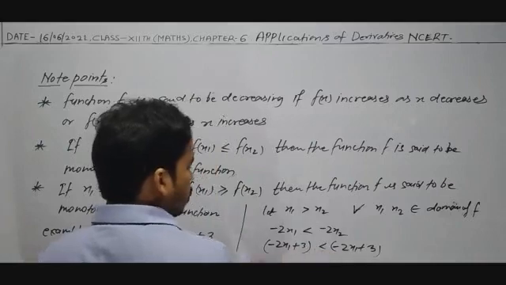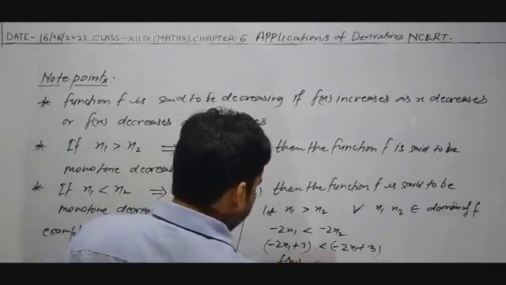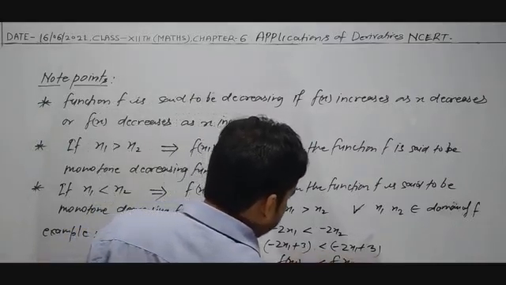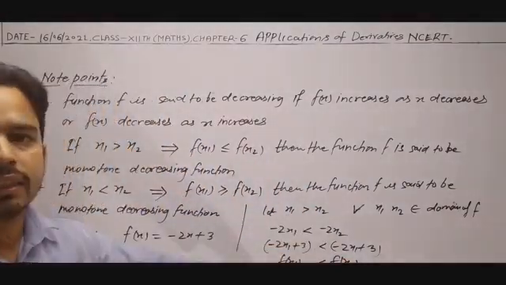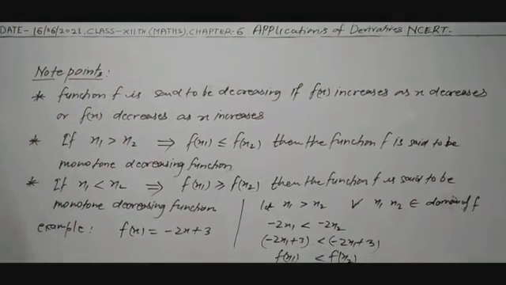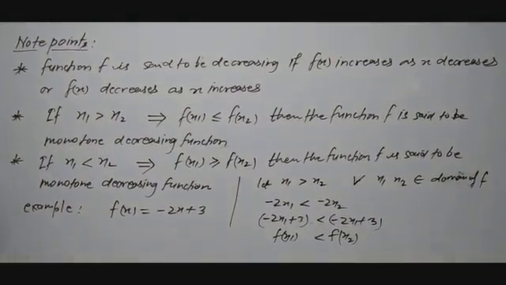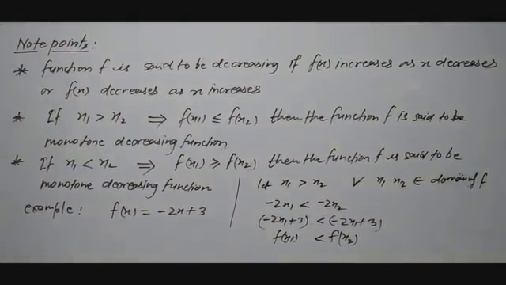This shows f of x1 is less than f of x2, and you have taken x1 greater than x2. For x1 greater than x2, f of x1 is less than f of x2, so the function is decreasing. So this topic is completed with an example.